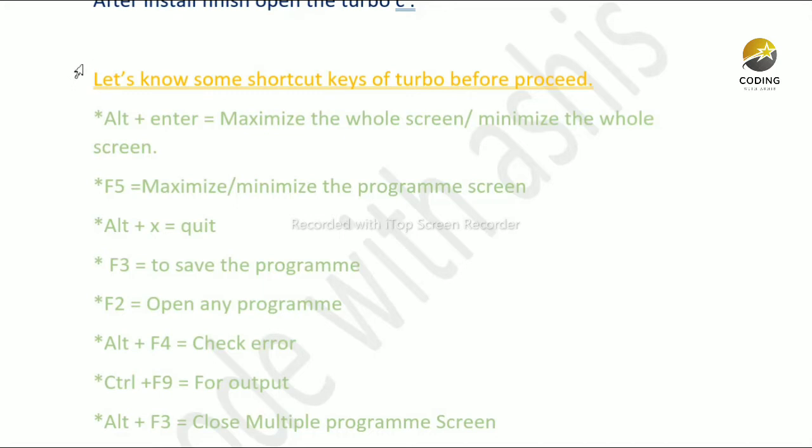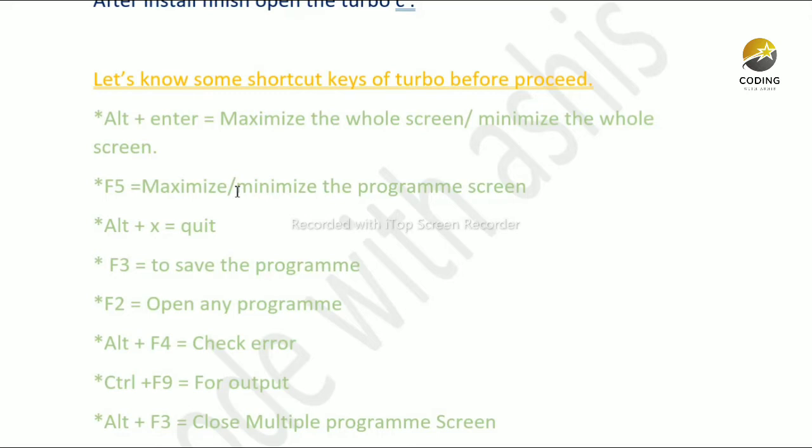Let's see some terminology before proceeding to the programming. Without knowing it, you will feel some confusion in C programming. First, in Turbo C++, if you press Alt plus Enter, you can maximize the whole screen. If you press F5, you can maximize the program screen, the blue program screen.